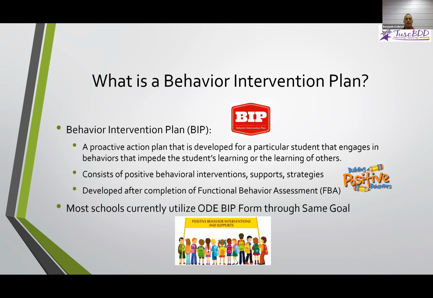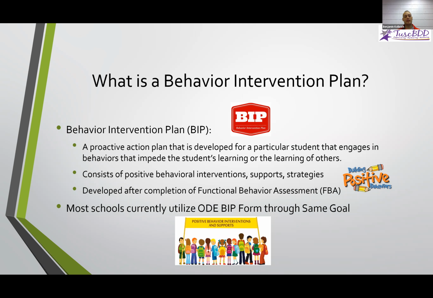So what is a behavior intervention plan? A behavior intervention plan, otherwise known as BIP, you hear BIP a lot, or FBA. The FBA is the functional behavior assessment that you do before the behavior intervention plan, and then you do the behavior intervention plan for the student. It's a proactive action plan that is developed for a particular student that engages in behaviors that impede the student's learning or the learning of others.